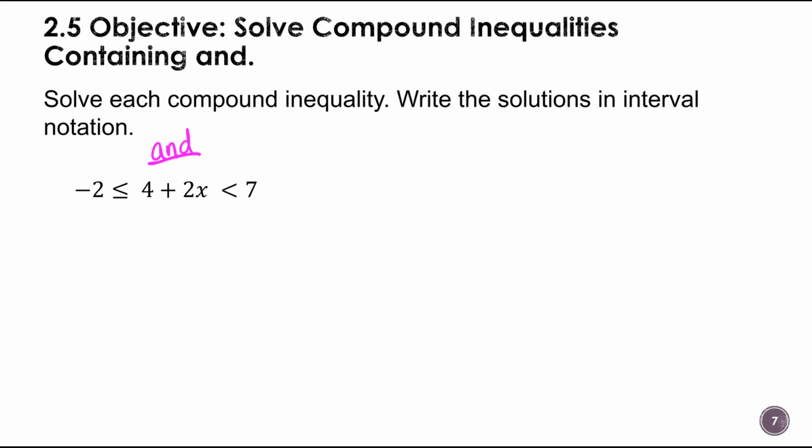When we solve a compound inequality, we have to solve on all 3 of the parts here. So I'm isolating x in the middle, and that means I subtract the 4 on each side of the inequalities, and that's why it's a 3-part inequality. Sometimes these are called 3-part inequalities. So let's bring down what we have now.